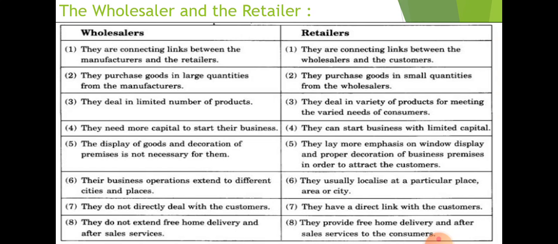They do not extend free home delivery and after sales services. After sales services means, if the product is not working well or is not good, they do not repay it or exchange it. Likewise, these facilities are not provided by the wholesalers.